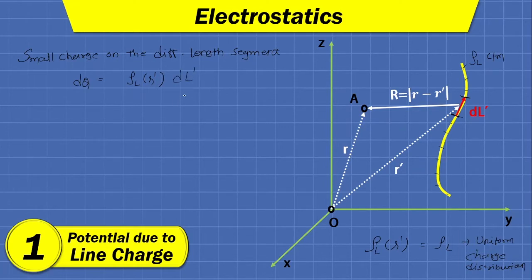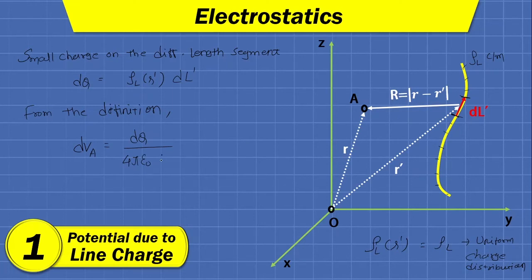Now from the definition, the small amount of potential due to dl prime can be written as dq, the small amount of charge on the dl prime length, divided by 4 pi epsilon naught multiplied by the distance.